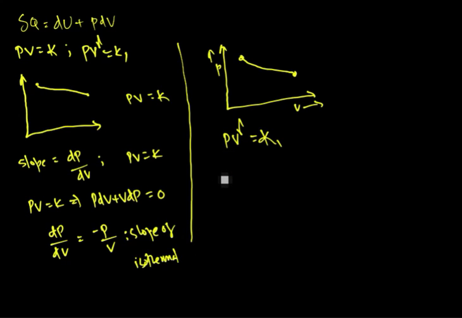Then differentiating this, V raised to gamma into dP plus gamma into V raised to gamma minus 1 dV into P, so P into dV, is equal to 0.